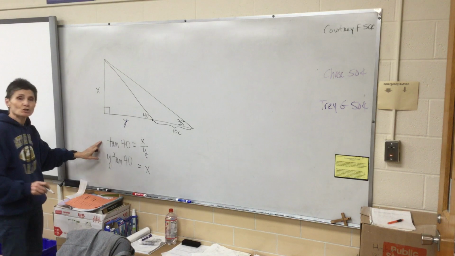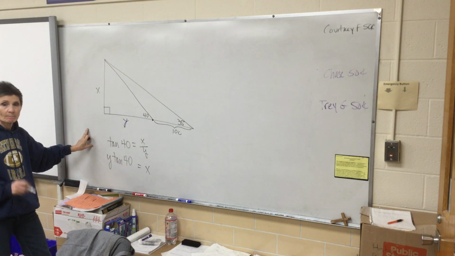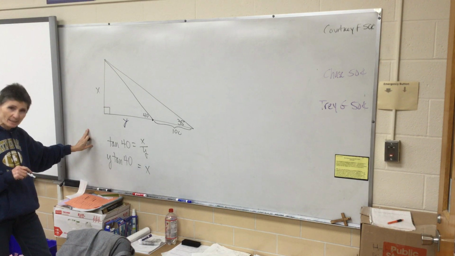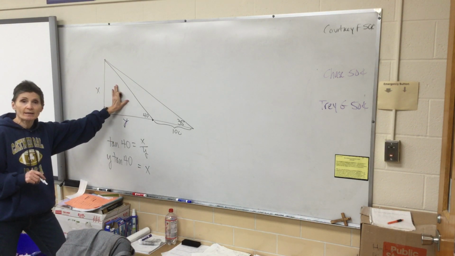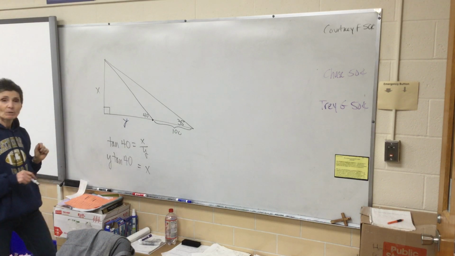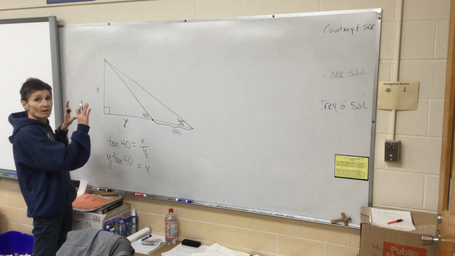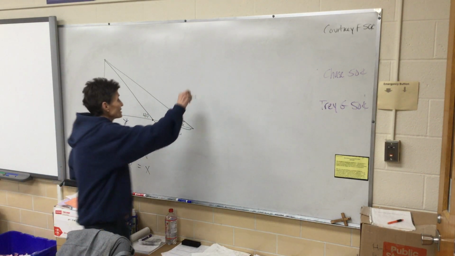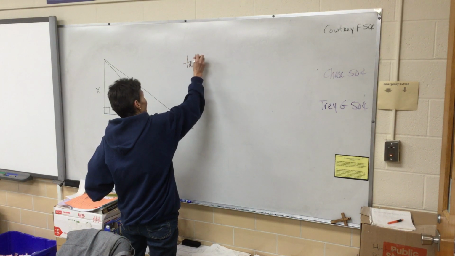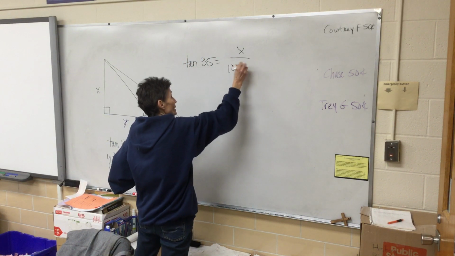Now, that's not a solvable equation. It has 2 variables in it. But that's okay, because I'm going to write another equation. That equation goes with the whole right triangle, the whole shebang. So that's going to be tan 35 equals x over 100 plus y.